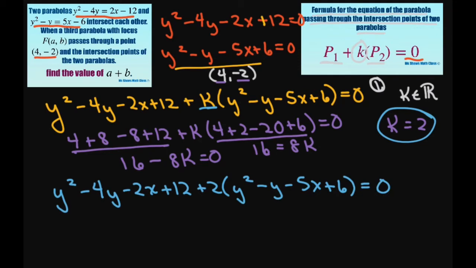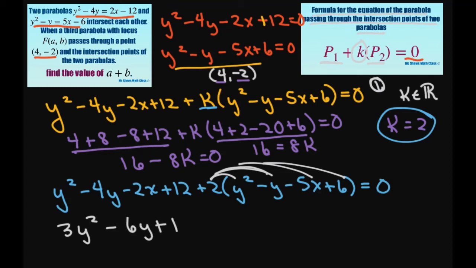Simplifying this, I'm going to do two steps at once, we get 3y squared minus 6y minus 12x plus 24 equals 0.